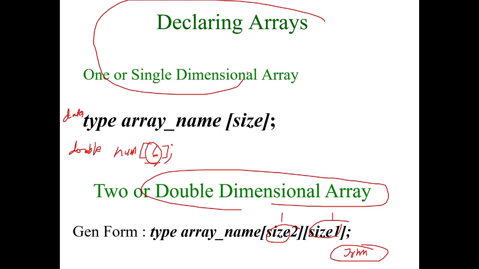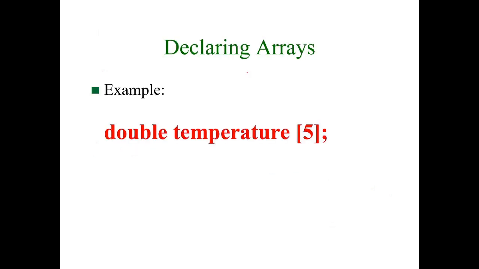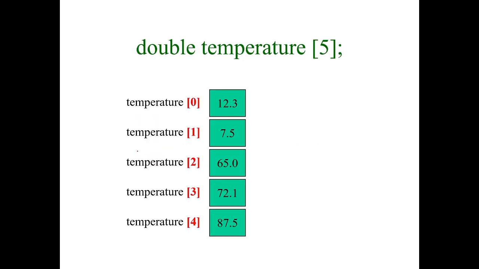In a single dimensional array, an example is temperature. Let's say, for example, you want to store temperature. Now, why do we need to use double? Since temperature does have a decimal number, of course the data type should be double or float.